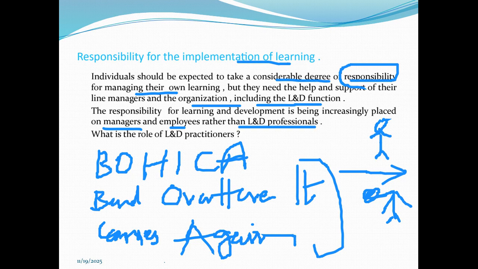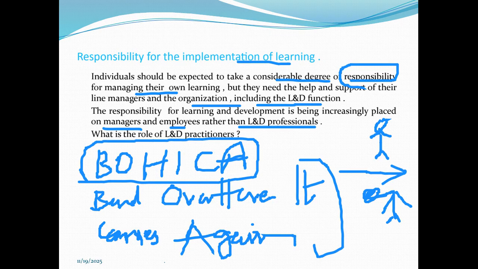So it should be wisely designed by the learning and development professional. If you do not design wisely, and you give them training which does not have a direct link with their performance or their job activities, probably the employees will not be much motivated.